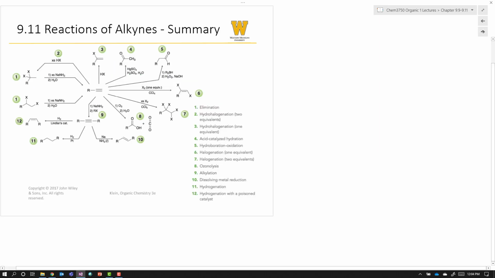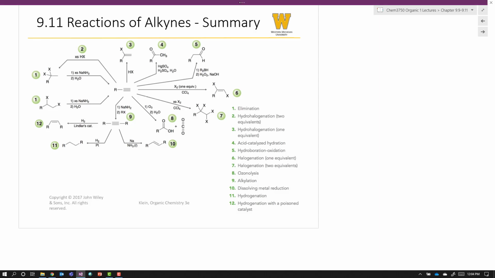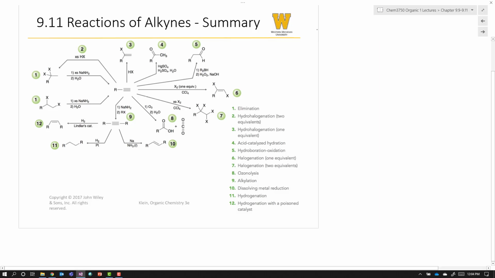Okay. So I really like what your book does, which is summarize all the reactions you learn at the very end here. And what I do is I go through each one and I put little notes around it so that it helps me remember what's happening in all of these. Things you want to note are, so let me change colors here, stereospecificity and regioselectivity.